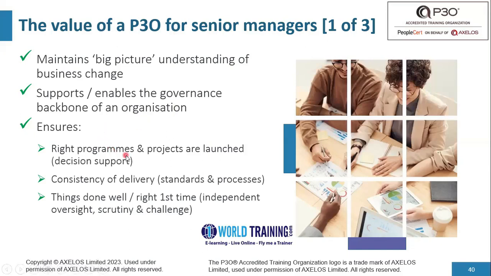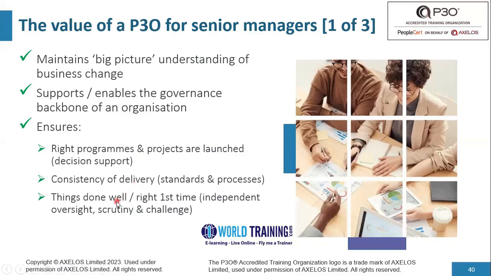So what else does a P3O provide in terms of value? It ensures that the right programs and projects are launched. In other words, it helps in making sure that we are investing in those programs and projects that are aligned with the strategy of the organization. It ensures consistency of delivery. As a part of the P3O model, the centers of excellence can provide standards and processes to bring about a consistency of delivery.